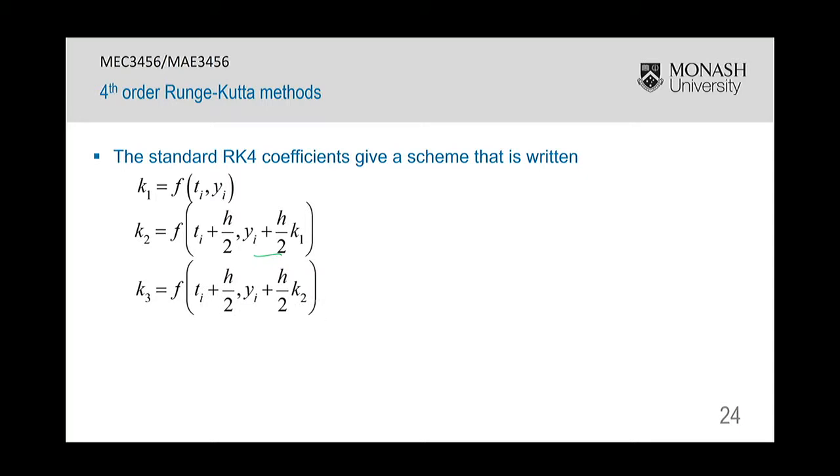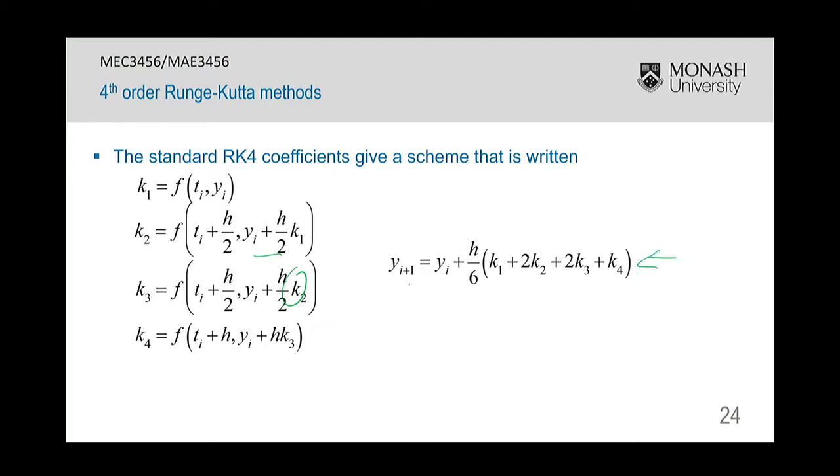It's like a second midpoint method, except we're now using a second estimate of the slope at the halfway point. And then finally, we use an estimate of the slope at the end point to calculate the K4 term. Then we average these in the following way: y_i plus 1 is equal to y_i plus h on 6 times this set of estimates.